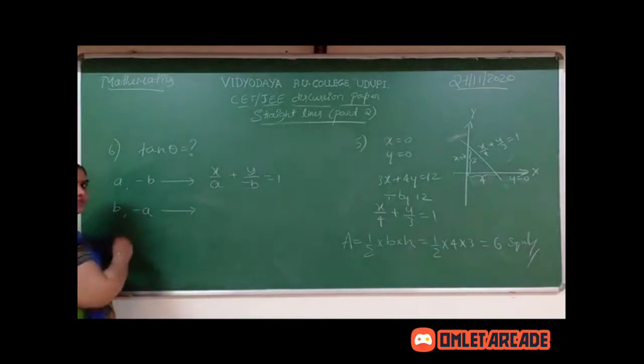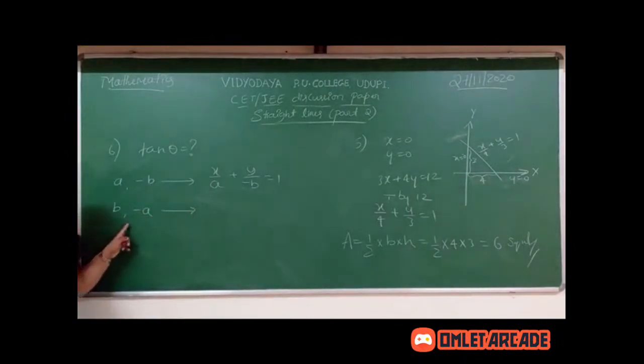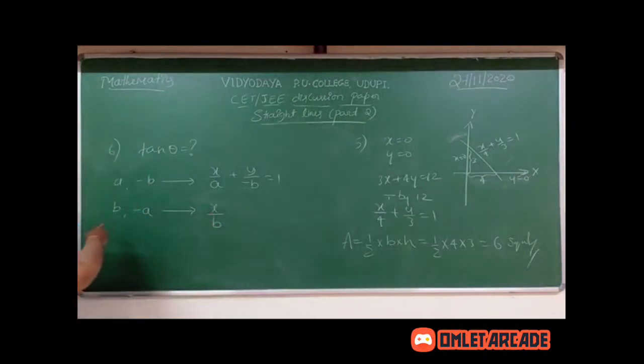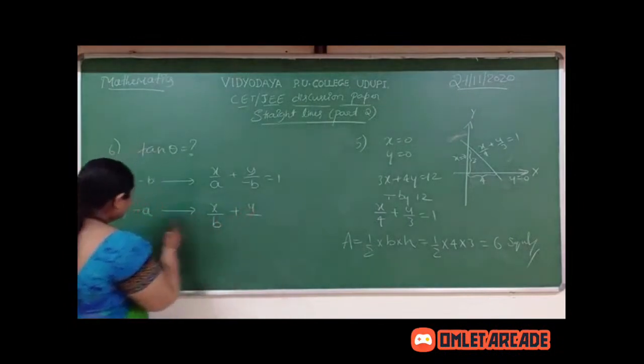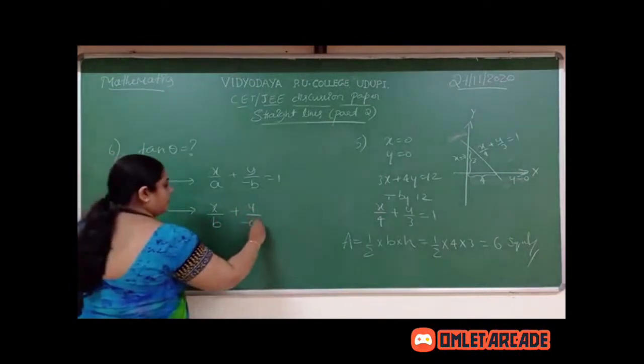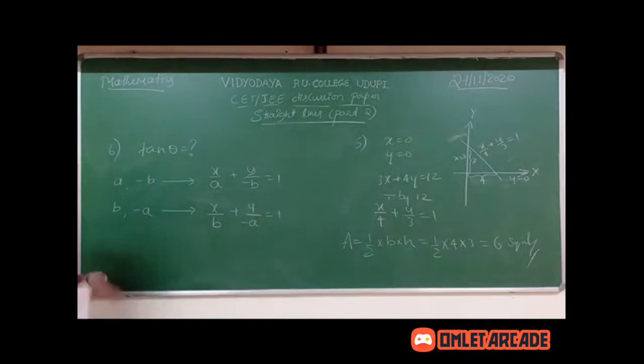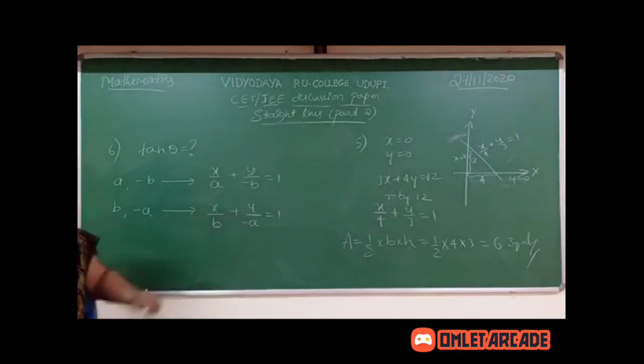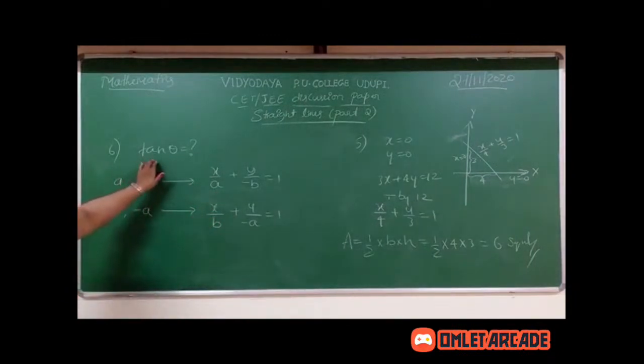Similarly, for the second line, the intercept on the x-axis is given. Can I write x by b here first? B is the x-intercept here, and minus a is the y-intercept here. Let me follow the order. Okay. So these are 2 equations of lines, and what we need to find?